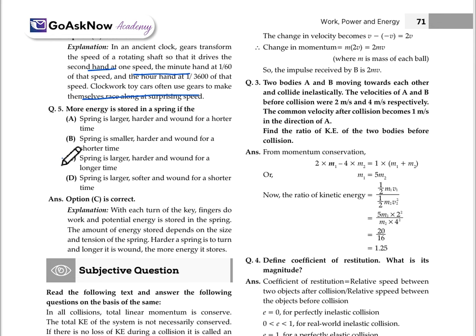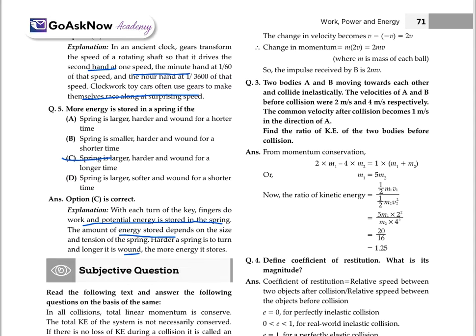If the spring is larger, harder, and bound for a longer time, then more energy will be stored. With each turn of the key, fingers do work and potential energy is stored in the spring. The amount of energy stored depends on the tension and obviously the size of the spring. The harder the spring is turned, the longer it is bound, and the more energy is going to be stored in it.